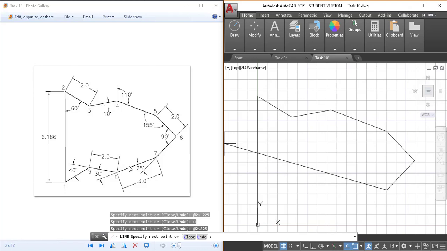So the angle will be 180 plus 20, which is 200 degrees. So @3<200. This line is making a 10-degree angle with the positive x-axis. It means the angle between the negative x-axis and this line is 10 degrees. So the angle this line is making with the positive x-axis is 180 minus 10, which is 170. So @2<170.